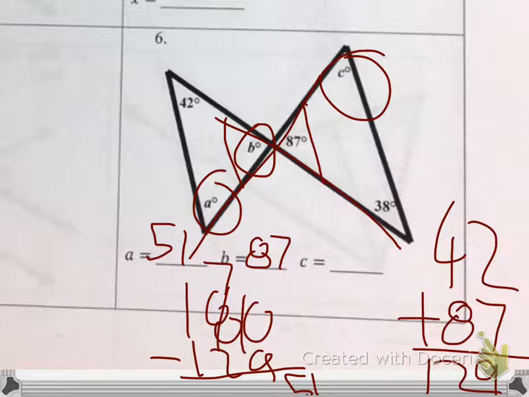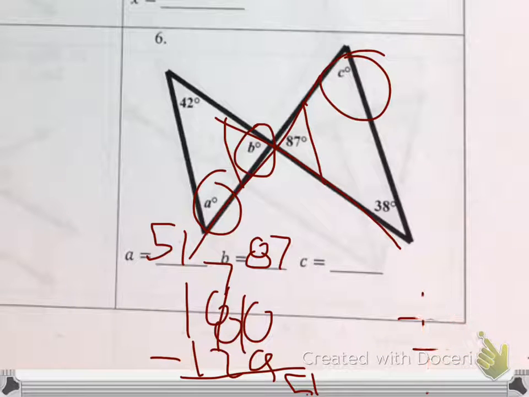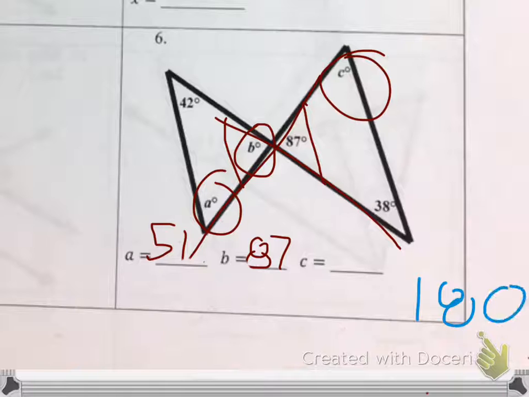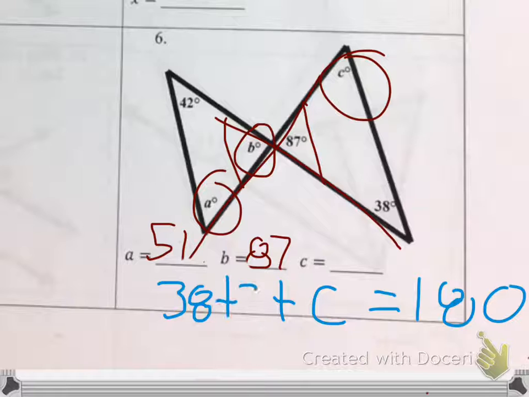Now, I'm going to erase all this so we have room for C. Okay, here we go. So we know it's 180. We're going to put C right there plus 38 plus 87.